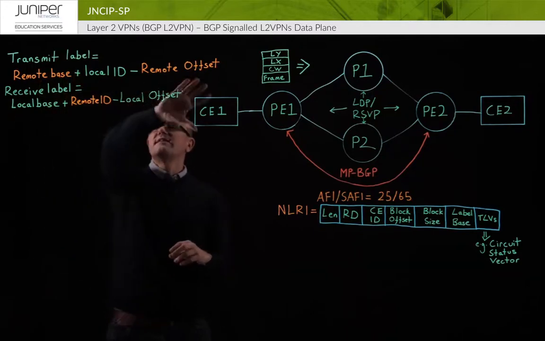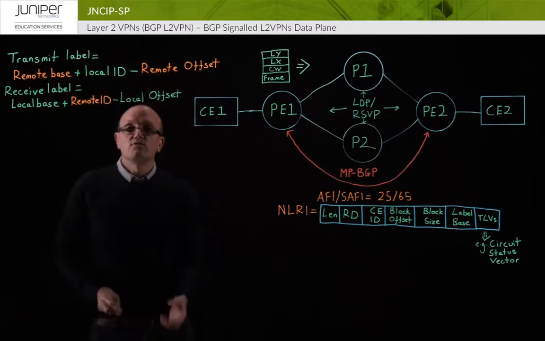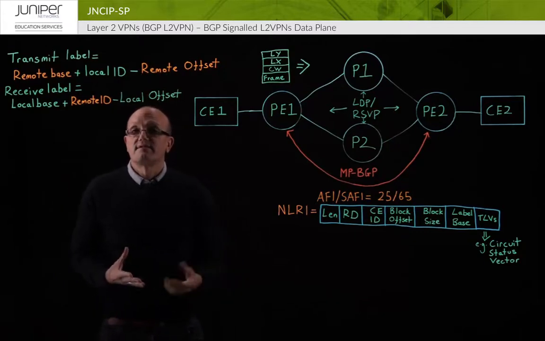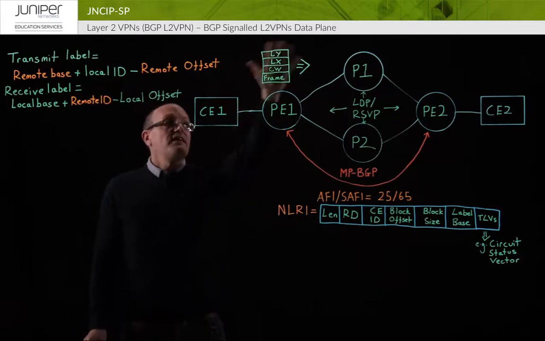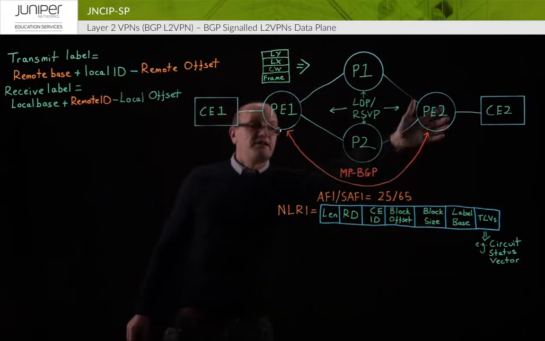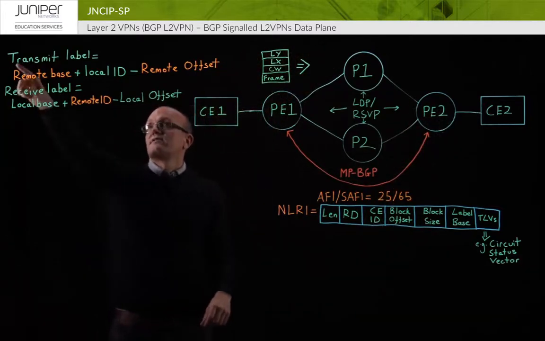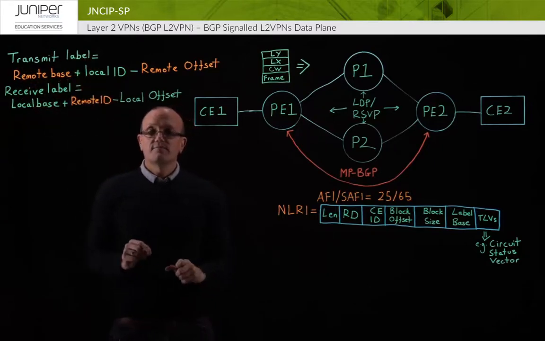And so these are the rules that are used to calculate that data plane state. If we're looking at PE1 sending this packet to PE2, that is the transmit label that we're calculating.